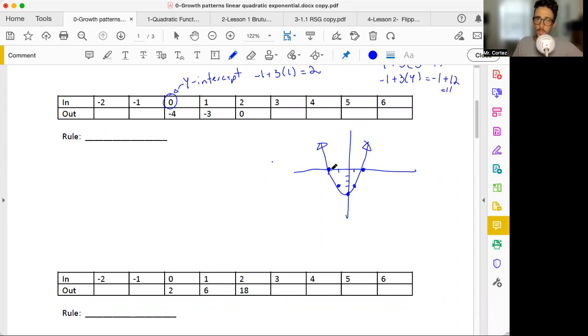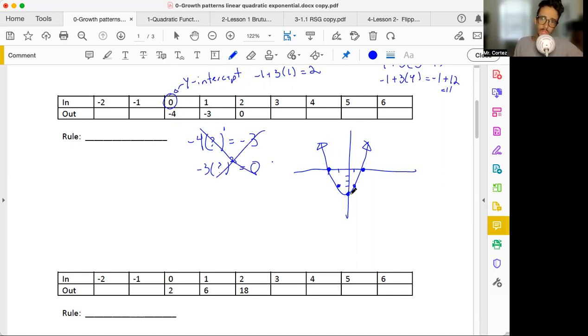I'm going to assume that this is going to be moving in a quadratic increment because let's imagine that if you thought it was going to be exponential, you're saying that -4 times some number to the first power is going to get you -3. And you may be able to find that number, but is that number also going to take you from -3 to 0? Is it going to be that same number? It's probably not.